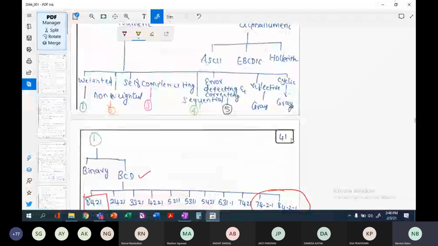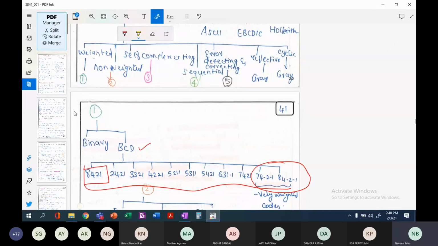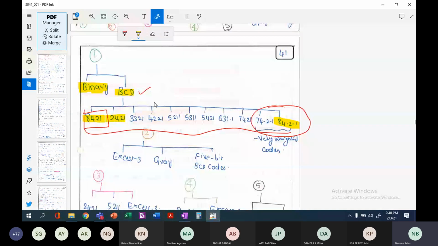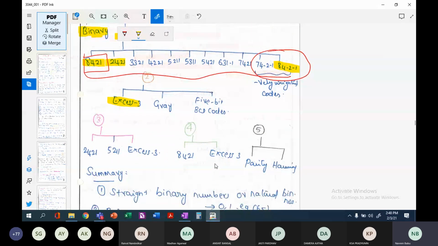For BCD we took maybe two examples: 8421, 2421, and the negatively weighted codes also. The rest are all weighted codes you can make. We have already seen XS3 codes. What is remaining is what a gray code is, and then we will also see parity codes and Hamming codes.